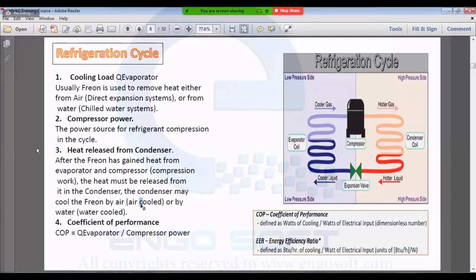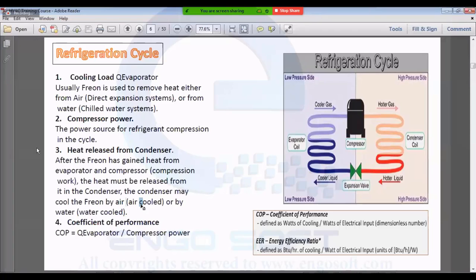Okay, we will now describe the efficiency of the refrigeration cycle. How can we say that this cycle is efficient, this cycle is inefficient, this cycle is good, this cycle is bad? How can we estimate the efficiency of this system?